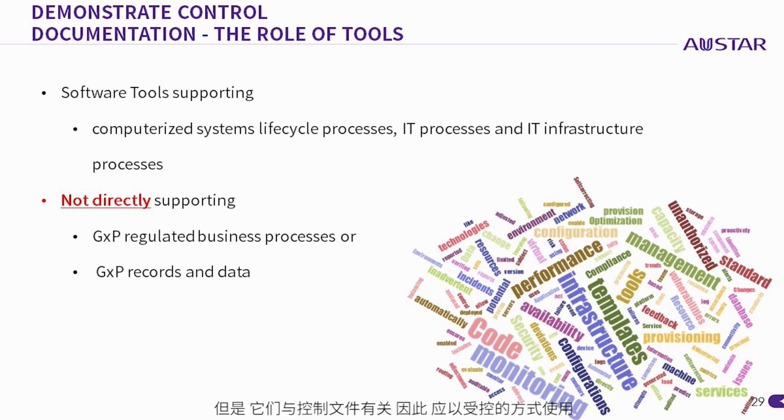Still, they are relevant in having control over documentation and therefore should be used in a controlled manner. Controls must be established, but there is usually no need for the validation of these tools. In most cases, these tools are to be seen as GAMP Category 1 software.